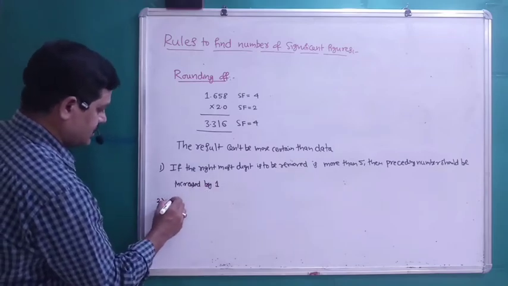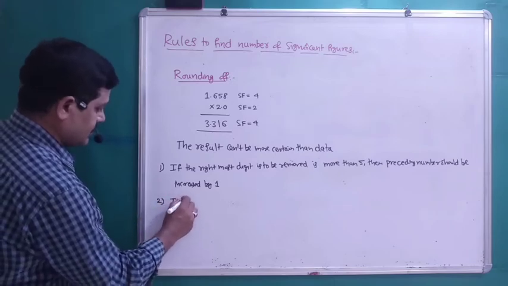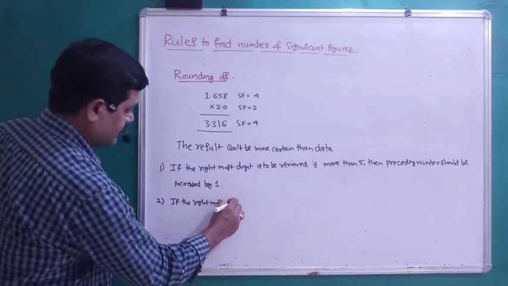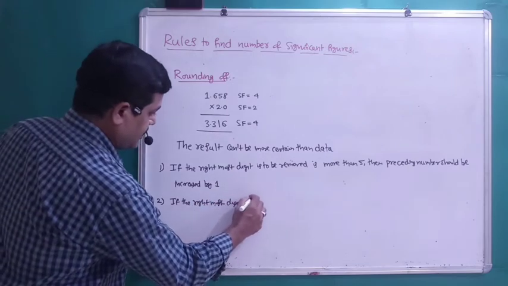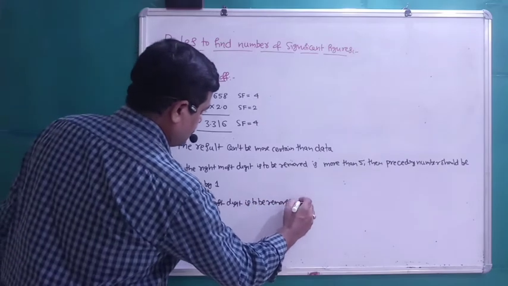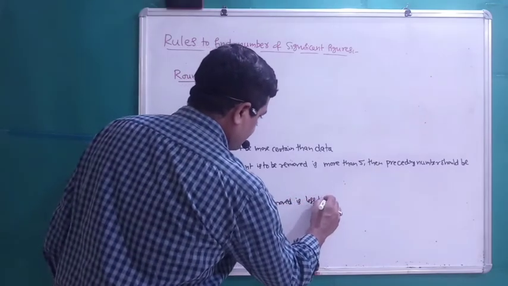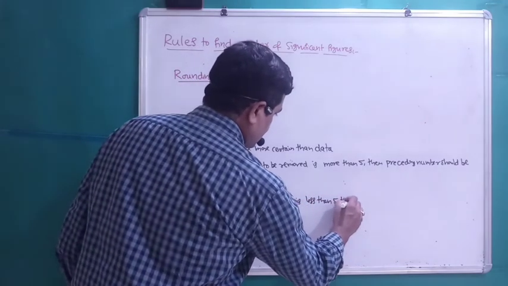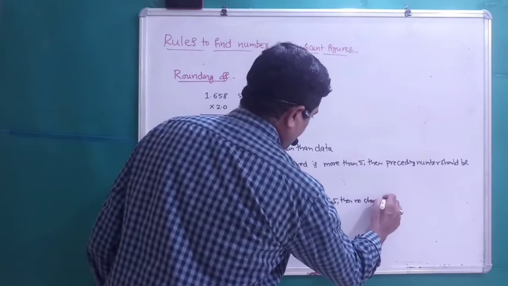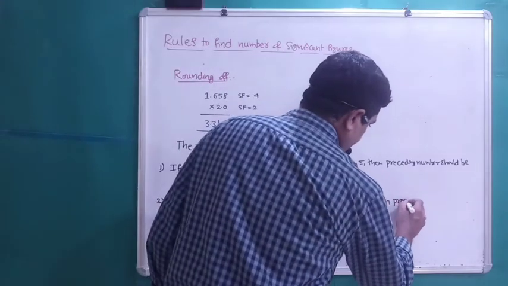Second rule is, if the rightmost digit to be removed is less than 5, then no change in the preceding number.